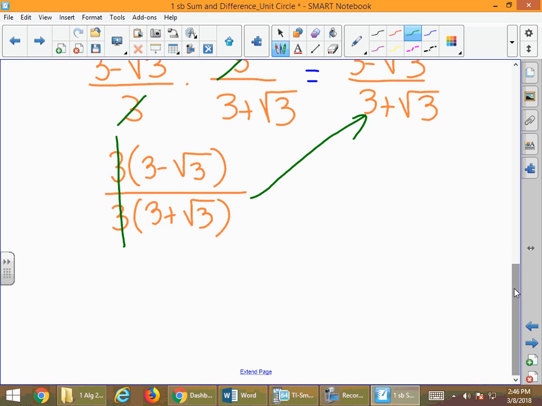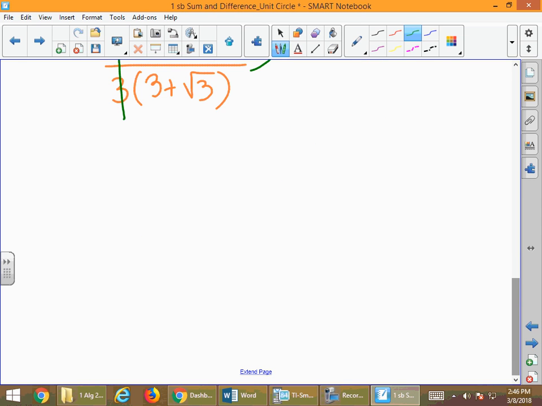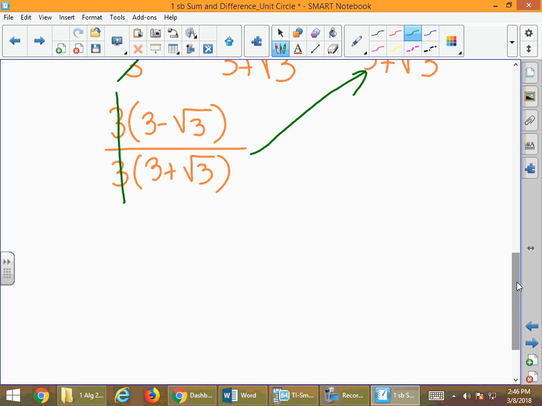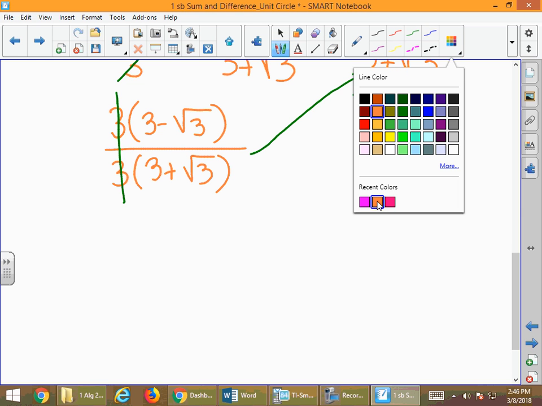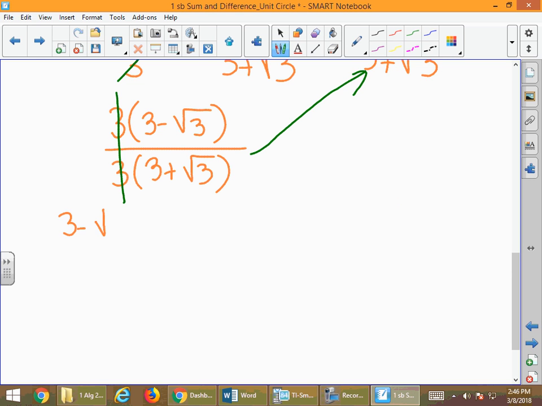We cannot cancel out anything else. The rest of it cannot be factored, and in general, if we can't factor, we can't cancel. So what we have now is 3 minus the square root of 3 divided by 3 plus the square root of 3. And you might want to have a piece of notebook paper if you're finishing this problem, because you're probably starting to run out of space on your notes here.